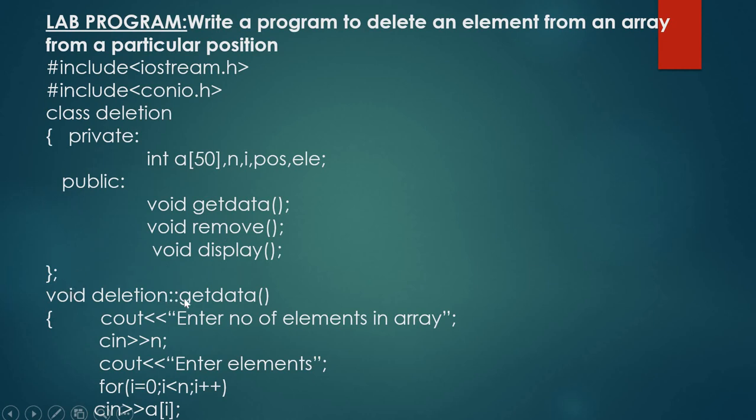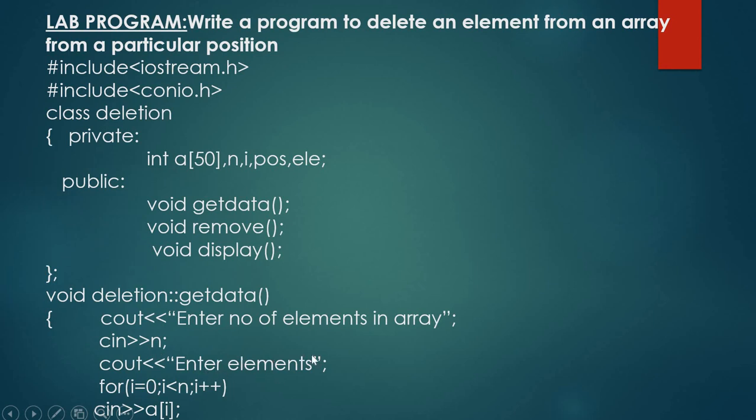Then, using the scope resolution, we need to write these three functions. In getData, we need to input all the elements. That is, we input the number of elements of the array, that is n. After that, the elements of the array.